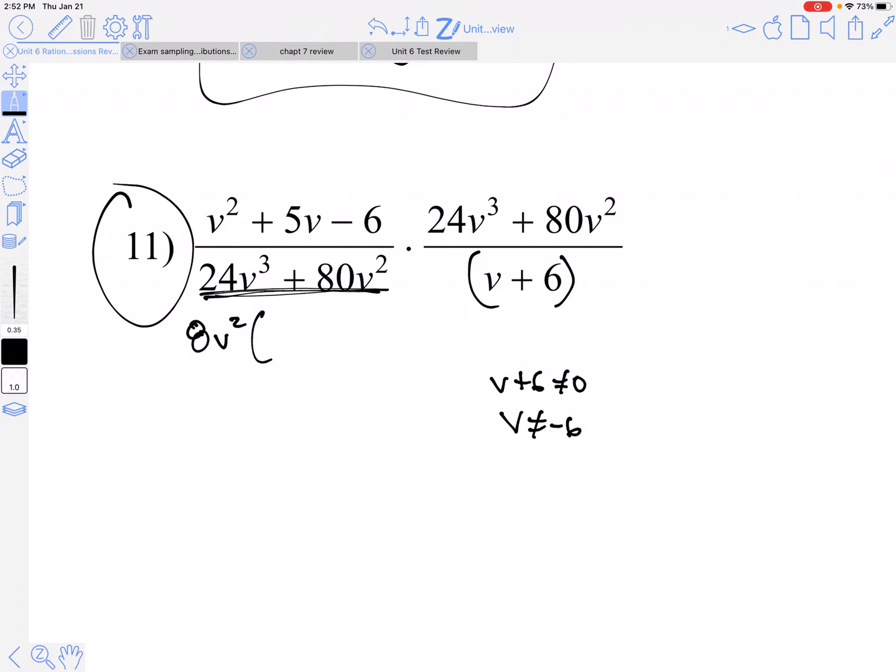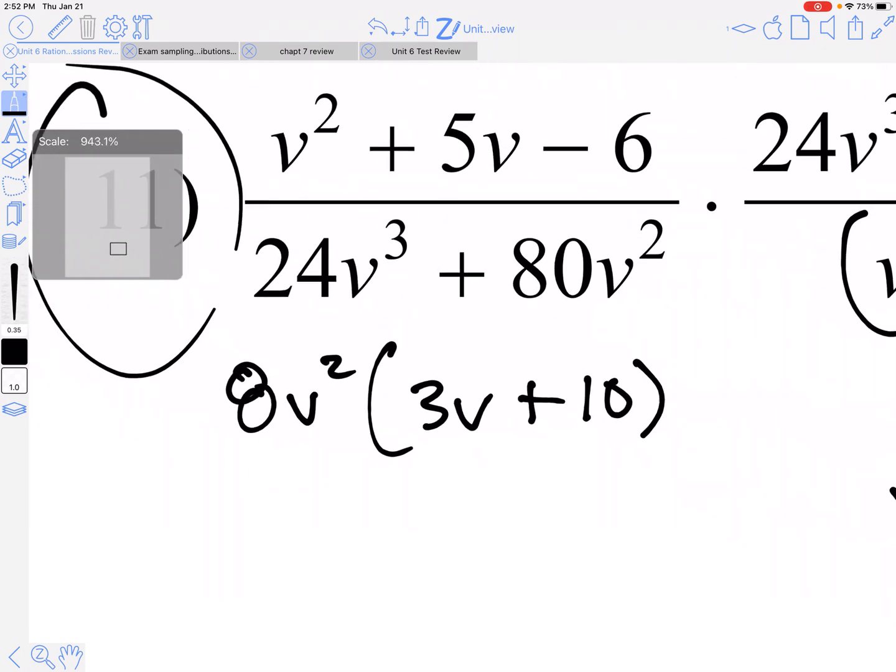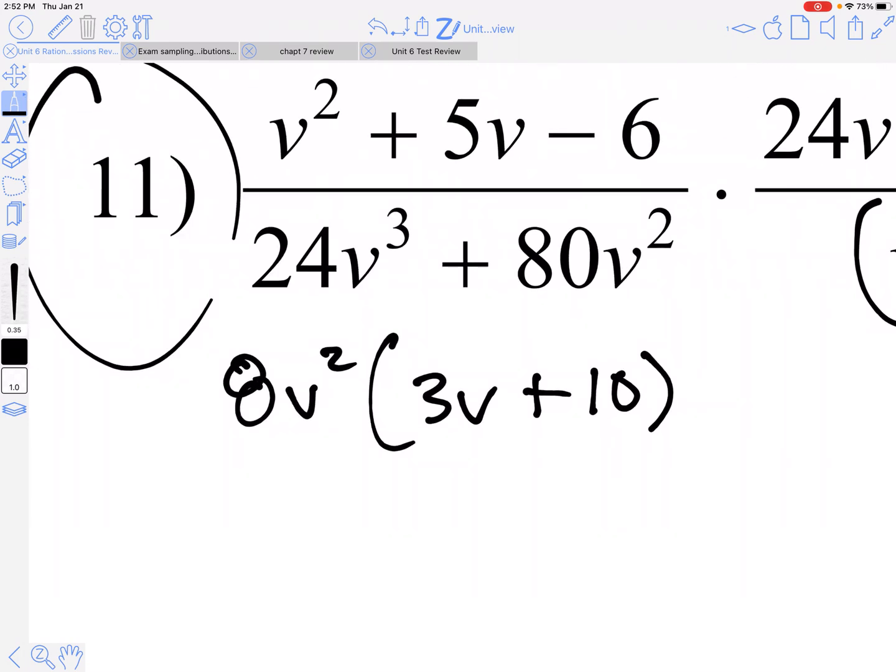Factoring helps me see it a little bit better, so that's what I'm doing right now. And then I'm going to get 3v, and then plus 10. Yeah, all right. So double check that, make sure you feel good about that factoring. Okay, so we're focusing on the left-hand fraction, right? So let's just ignore everything else for a second.